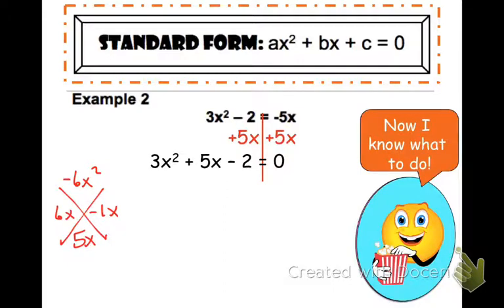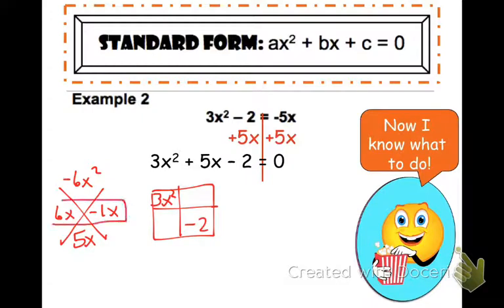So I'm going to go ahead and do my box here. Let's do it again. Remember, first term goes in the first box, last term goes in the last box. Middle term takes these two. It doesn't matter which one goes first and which one goes second. And I'm going to go ahead and ask myself the GCF of the top two, 3x.